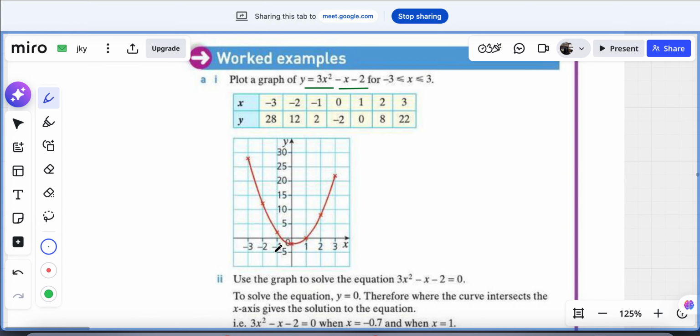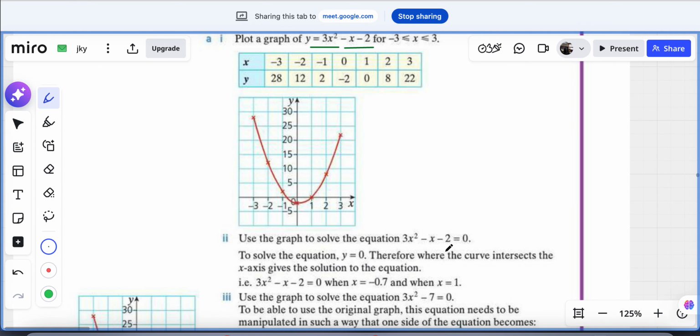Now this is your original equation. They say equal to 0. When they say equal to 0, it means draw a line at the 0 axis and trace it down. What value do you get? When you draw a straight line at 0, where is 0 on the x-axis? This place, right? So where does it touch here?